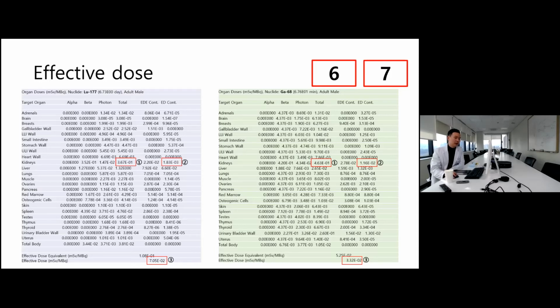However, before discussing it, what do you think is the most important component in the gallium-68 result of Olinda?